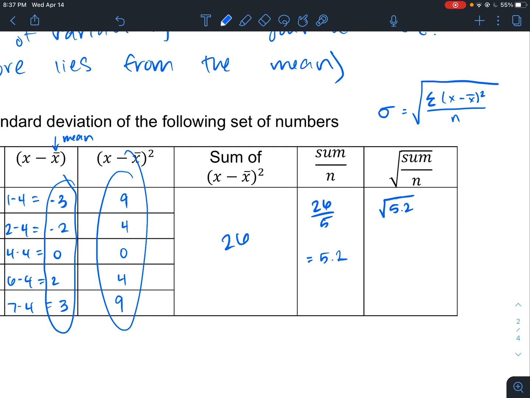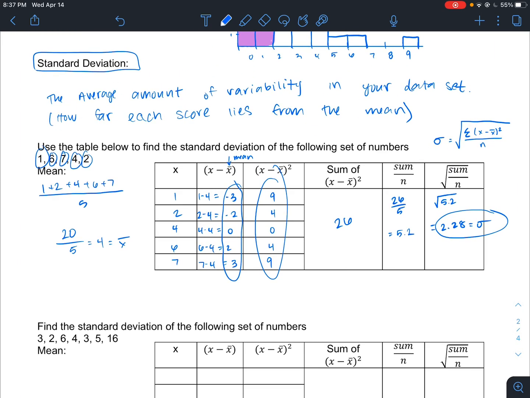So let me go to my calculator. When you do that, you should get that it's equal to about 2.28. This right here is your standard deviation. Okay, and what this means is, so we said that our average was 4. So if we had a diagram and if our distribution looked like this right here, our average would be 4 and the standard deviation would be 2.28.